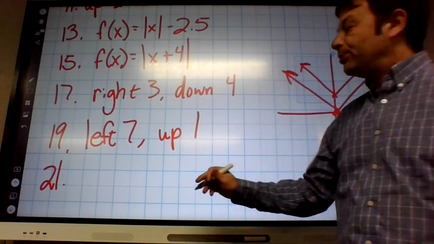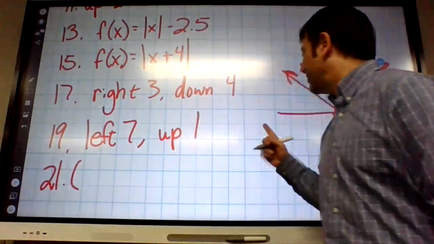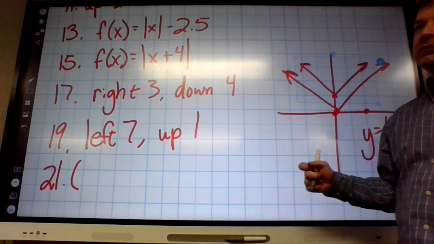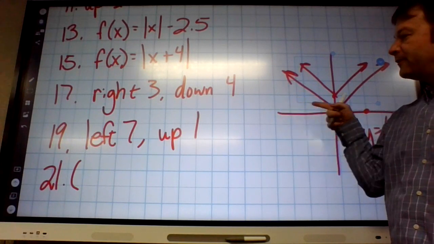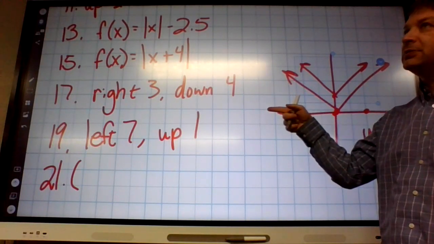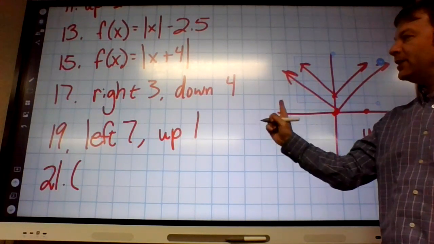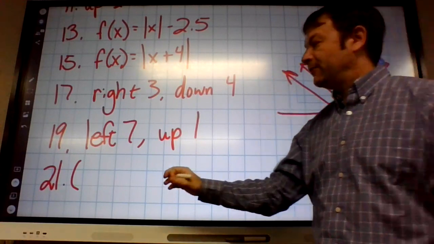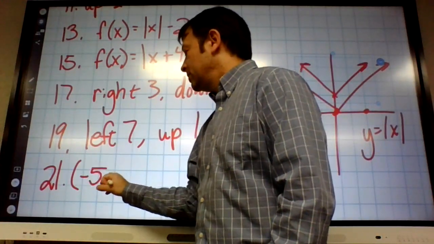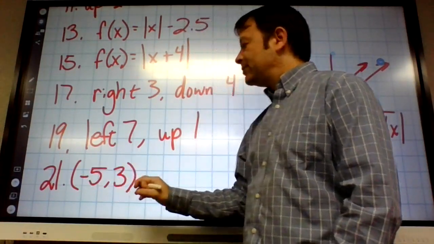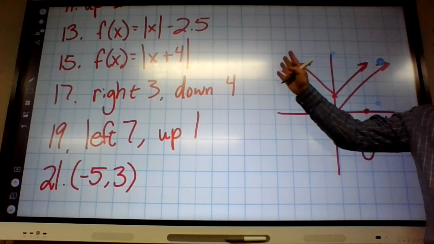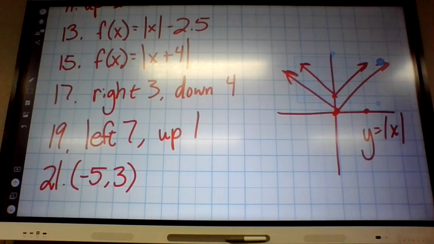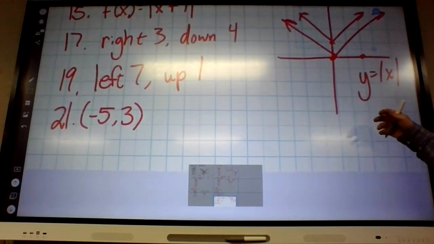So Avery, what point is left 5 and up 3? What point would be left 5? How do you get to left 5? Negative 5. If the whole graph moves left 5 up 3, then the vertex moves left 5 up 3. So therefore the vertex is at negative 5, 3.